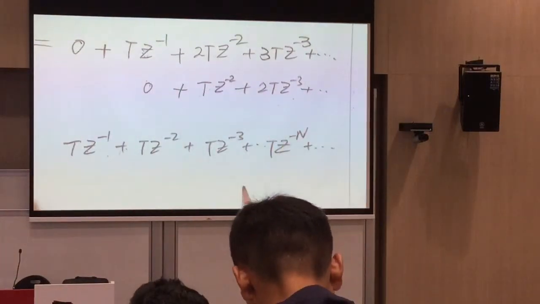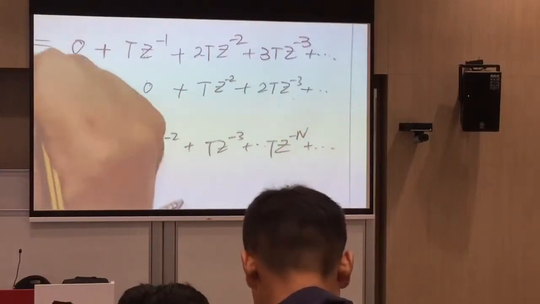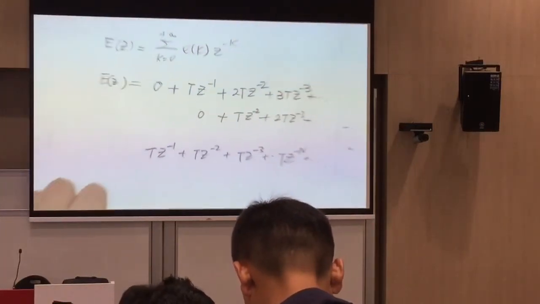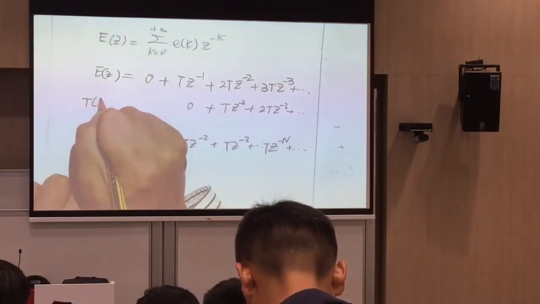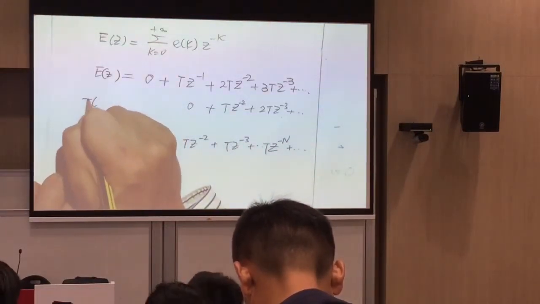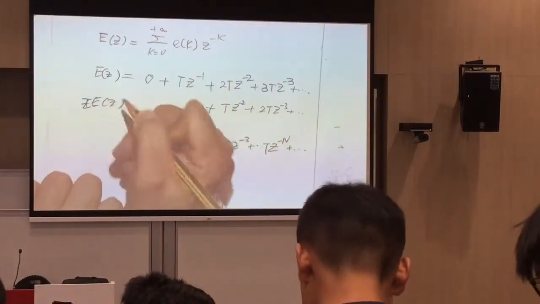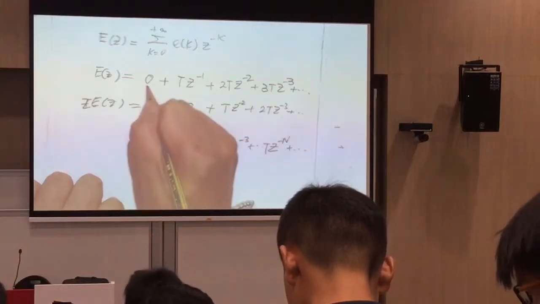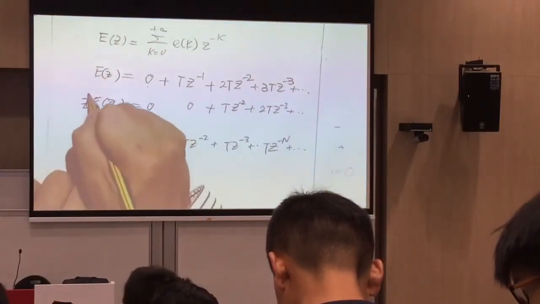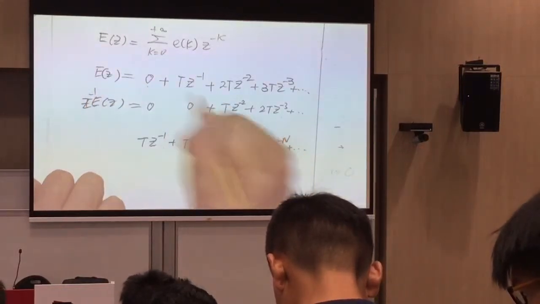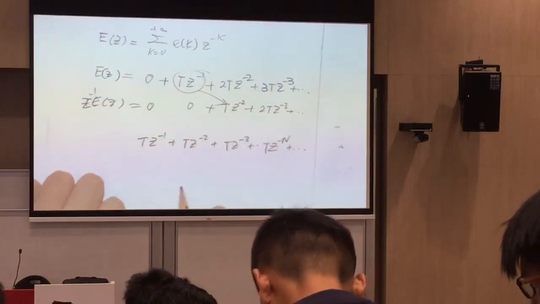And how can we get something like this? If we multiply this by z, what do I get? This one gets 0, then minus 1, right? This one multiplied with z power minus 1, I get this one, right?